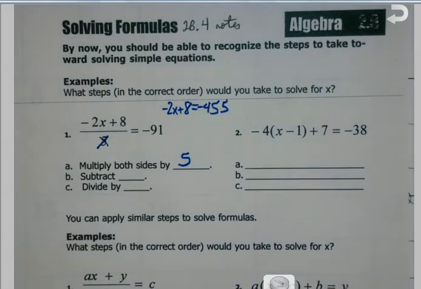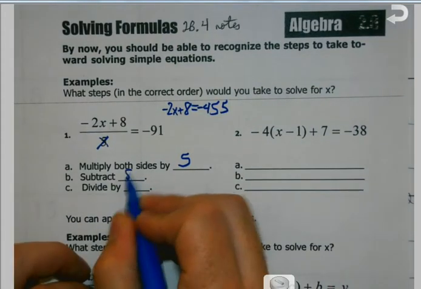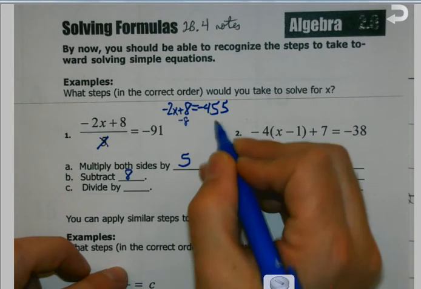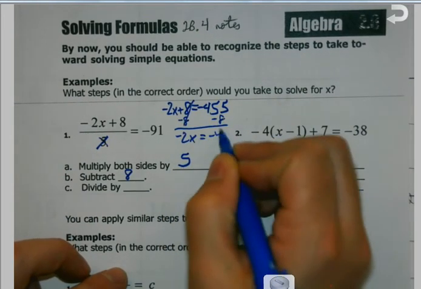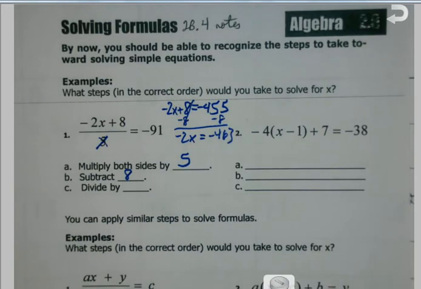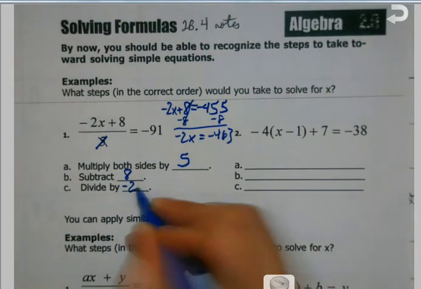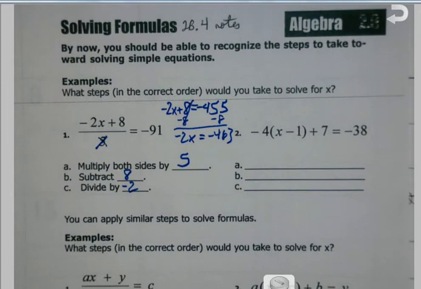So once I did that, right, I'd want to subtract the 8. And then finally, when that's done, I just divide by the -2 that's left. Stuff that we've been doing forever.